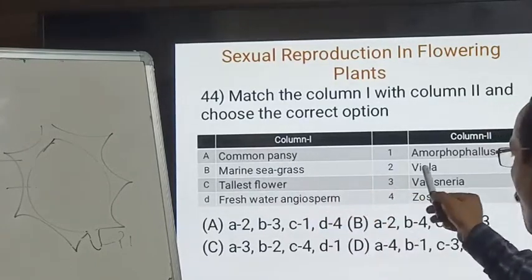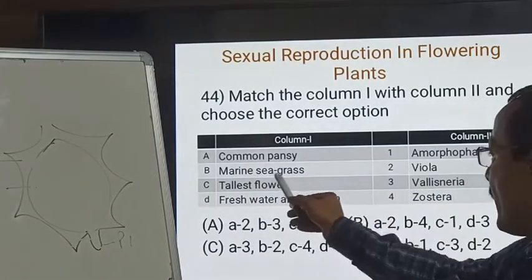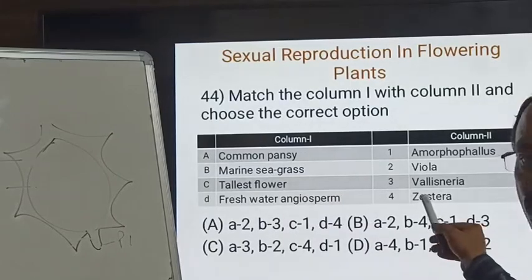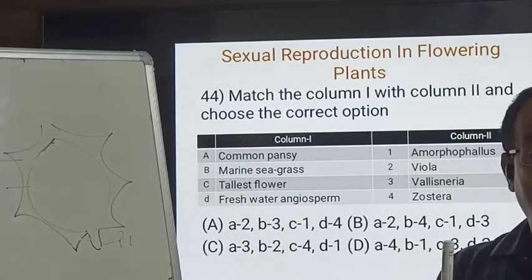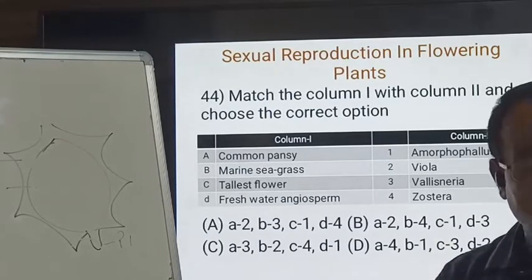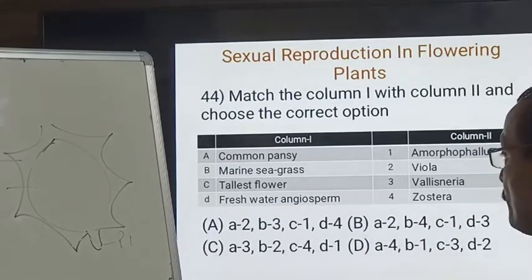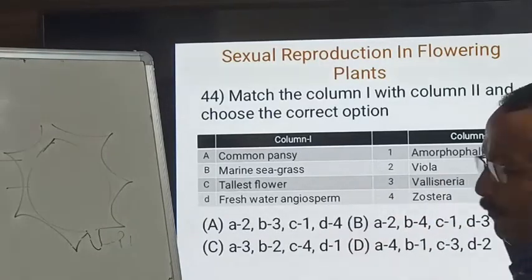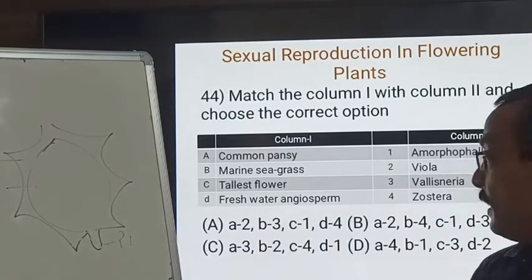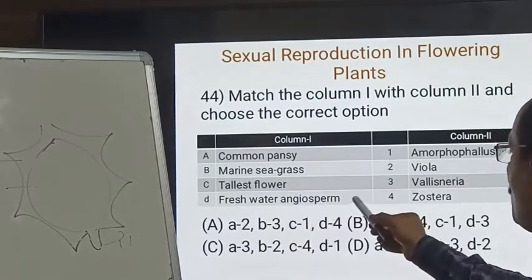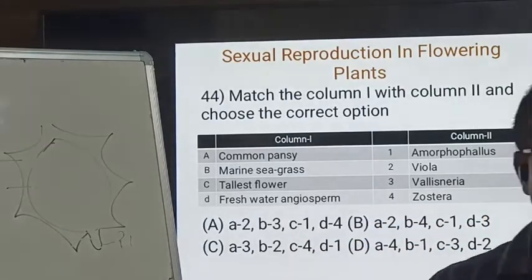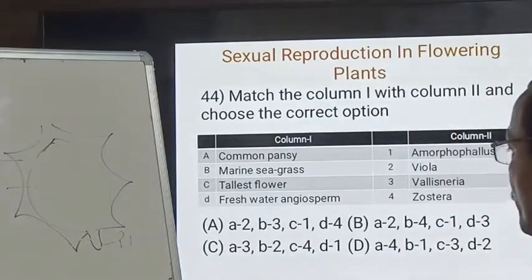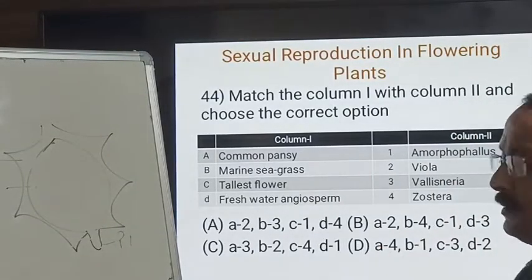Marine grasses are Zostera, where we observe hydrophily, that is, pollination takes place through water. So the tallest flower is an amorphophilous flower. Likewise, a freshwater angiosperm is Vallisneria, which also gets pollinated through the medium called water. Next slide.